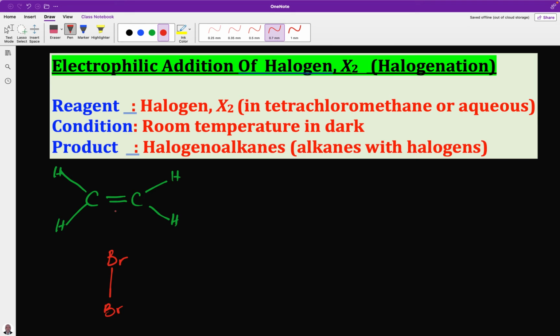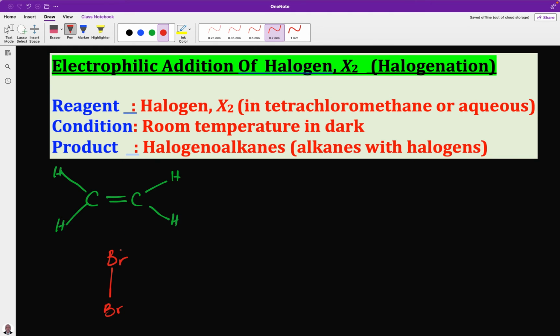There is a cloud of high electron density of the pi electrons around the carbon-carbon double bond. This cloud makes this ethene molecule open to attack by an electrophile.